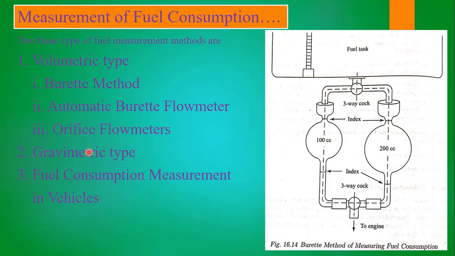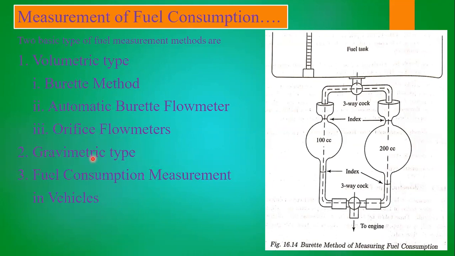Whatever the mathematical methods are to find out different efficiencies and different power outputs, those are all going to be based upon the mass basis only. That means kg per second, like that we need. So that's why we need to go with the gravimetric type. Because all the mathematical formulas to find out power outputs as well as efficiencies are going to be in kilowatts only.